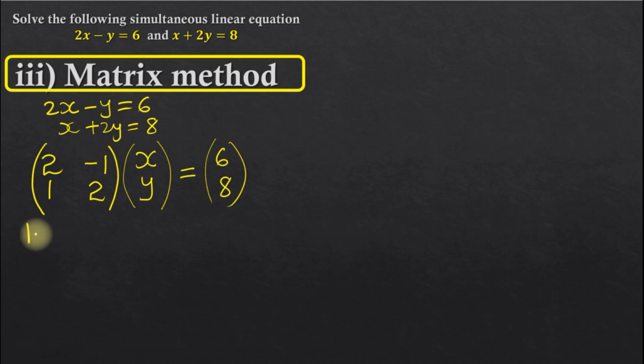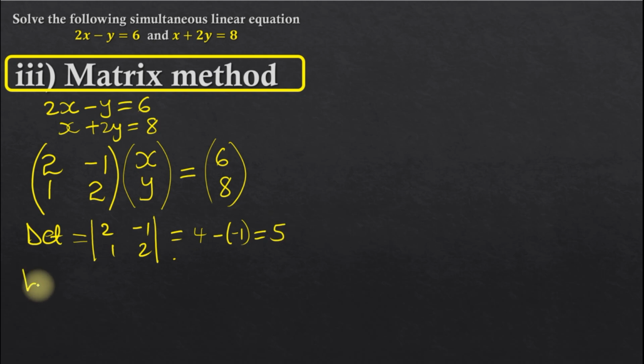Therefore, we need to get the determinant of the coefficient matrix, which is 2, minus 1, 1, 2. So we take 2 times 2, that is 4, minus 1 times minus 1, minus minus 1, so we end up getting 5.